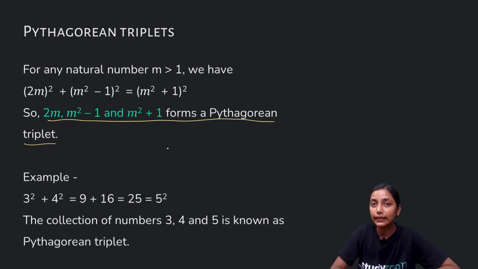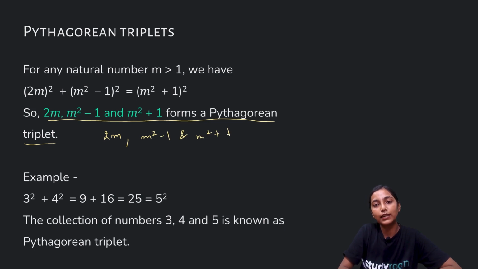Pythagorean triplets are the 3 numbers which are of the form 2m, m square minus 1 and m square plus 1. If these 3 numbers justify this condition, then these 3 numbers form a Pythagorean triplet.